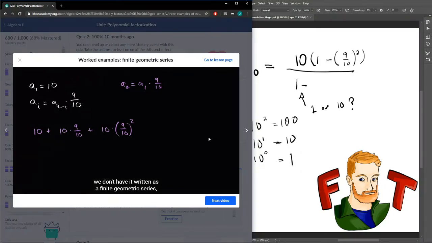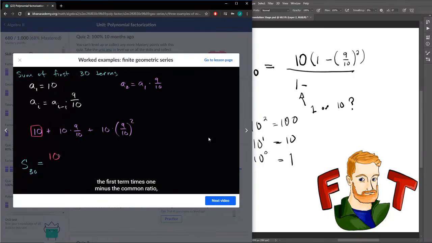A geometric series. So let's say we want to take the sum of the first, I don't know, 30 terms. Sum of the first 30 terms. So what will this be? Well, S sub 30, the sum of the first 30 terms, is going to be equal to the first term.